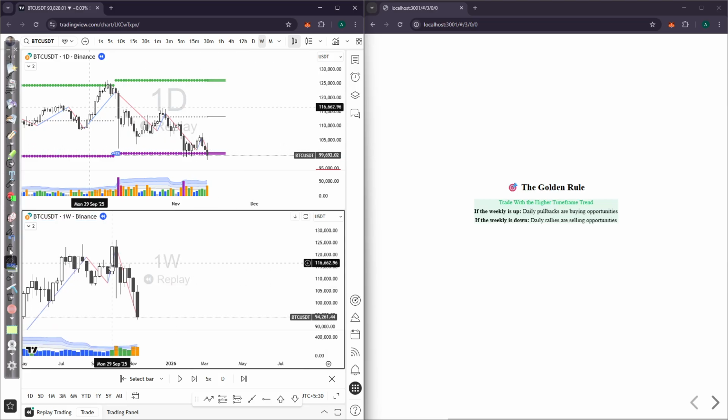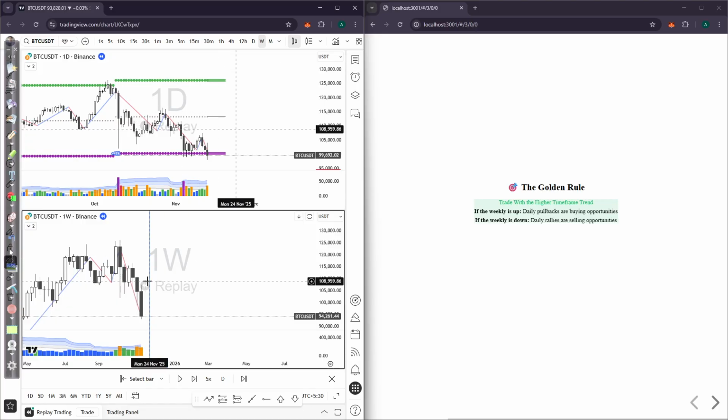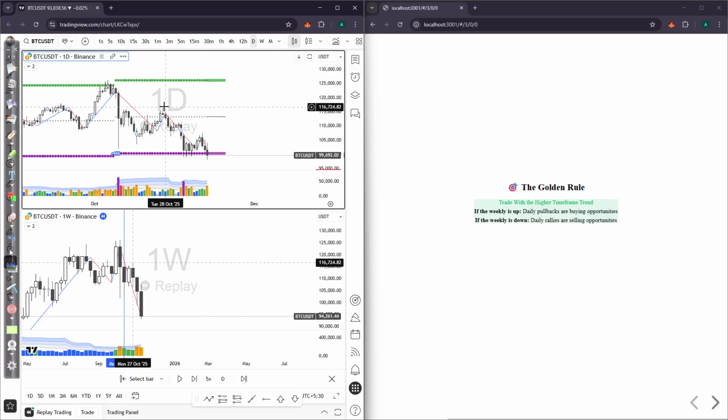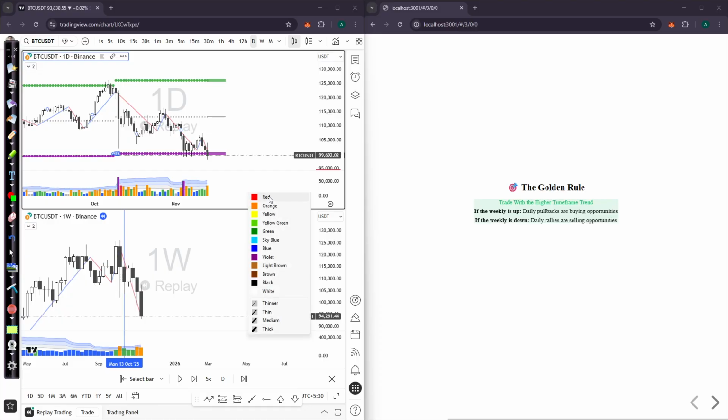You see, from this point onwards, we already knew that weekly was going down, you see, right? Weekly was going down. So the rallies here are selling opportunity.